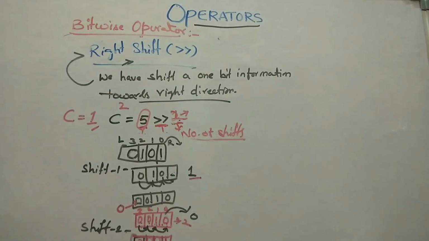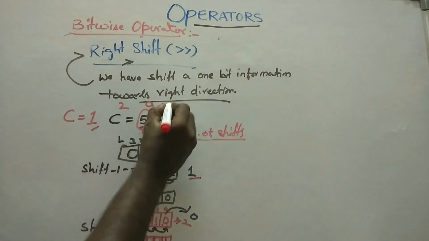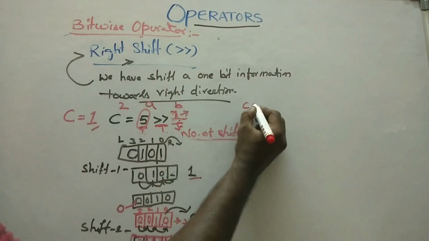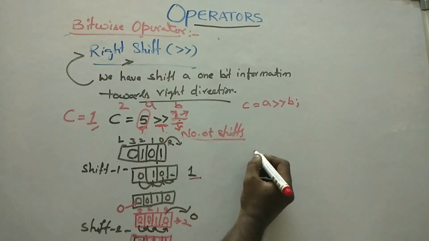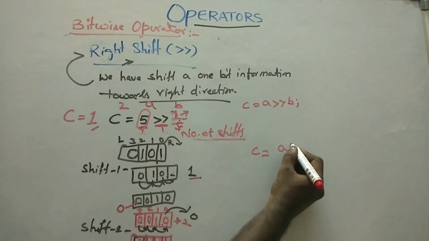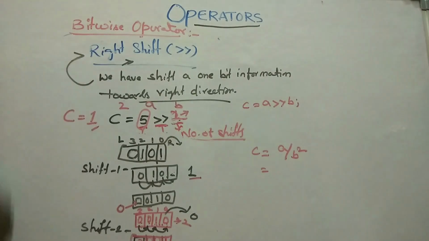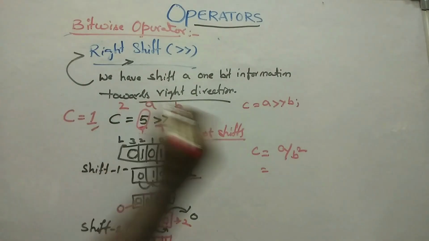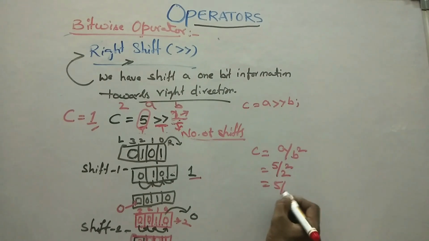Otherwise, there is one simple formula. Suppose we assume it is A, and it is B. That means C equals A right shift of B, and we can use the formula C equals A by 2 to the power B. What is the A value? A value is 5 by 2 square, that means 5 by 4. 5 by 4 means what is the value? 1 point something. If we neglect the point, the value we get is 1.